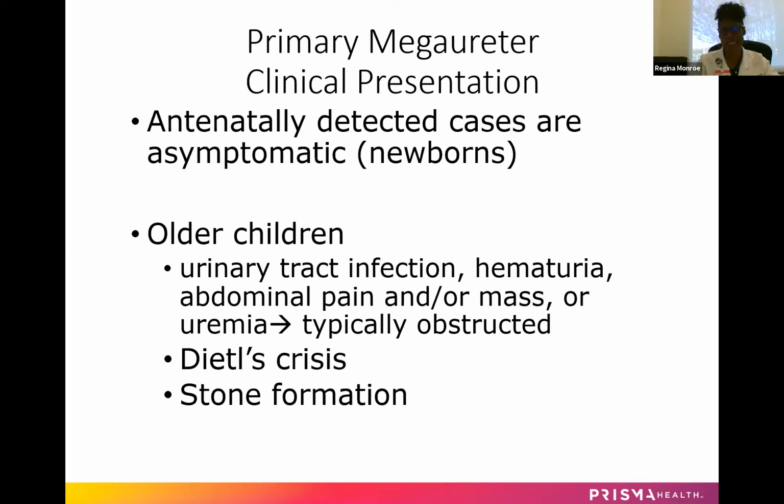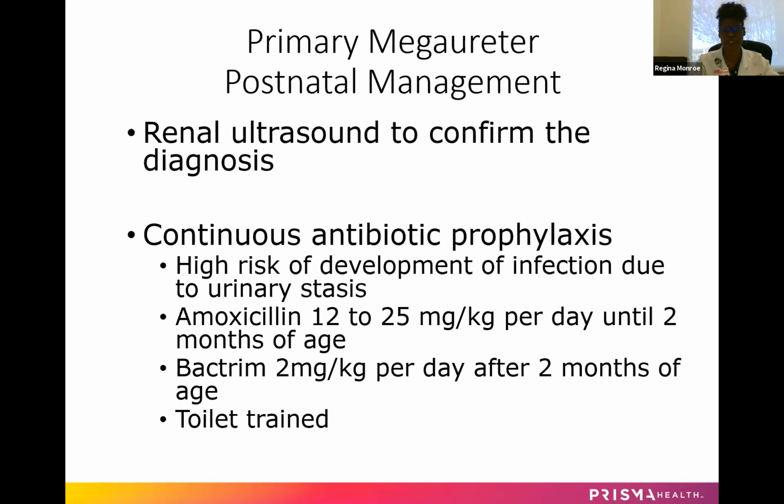We can also see this with UVJ obstruction, with flank pain, hematuria, and nausea and vomiting. And also presenting as older children with stone formation. And folks that present older are usually surgical candidates, because again, they're symptomatic at this point. So they typically will go on to surgical intervention.